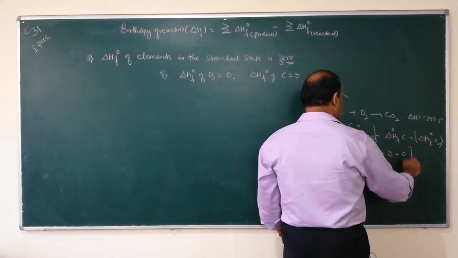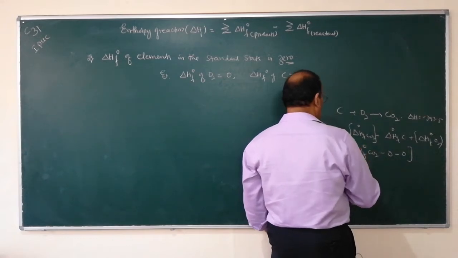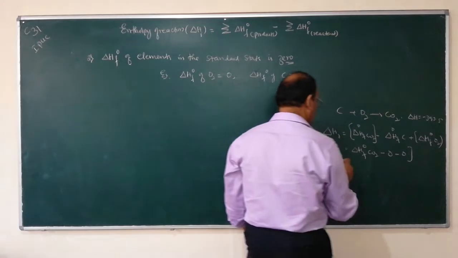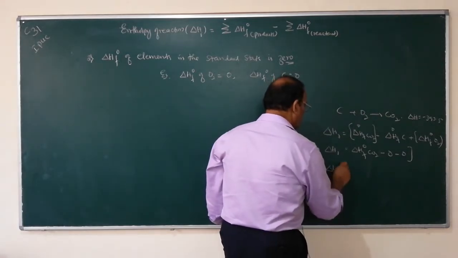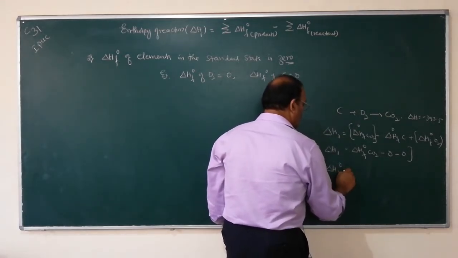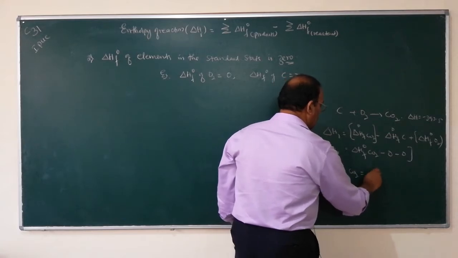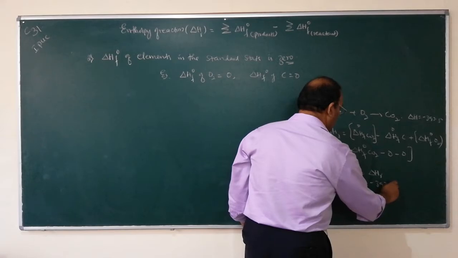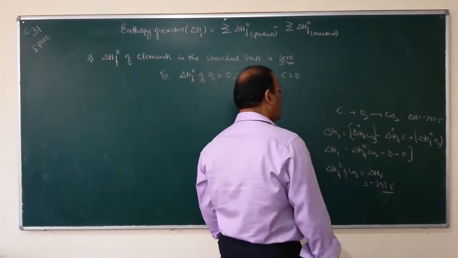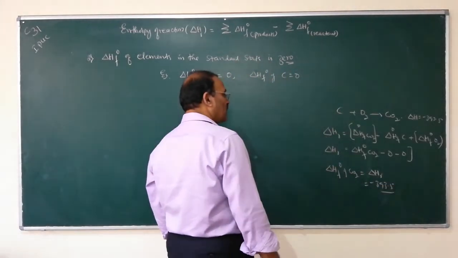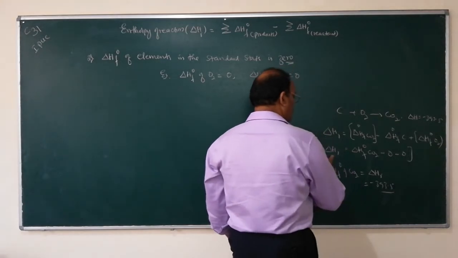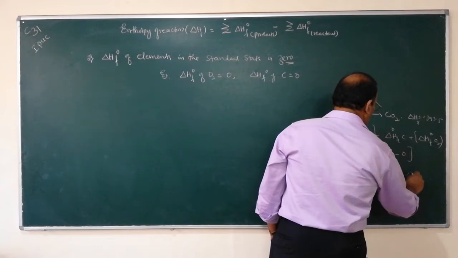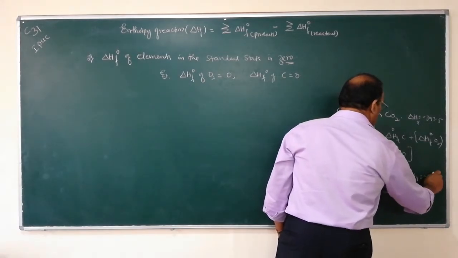So delta HR equals delta HF naught of CO2, which equals minus 393.5.